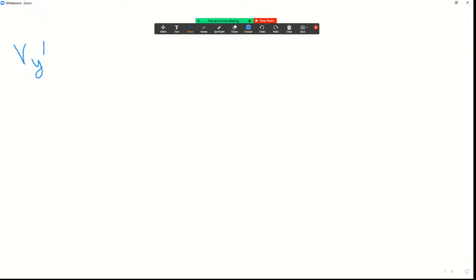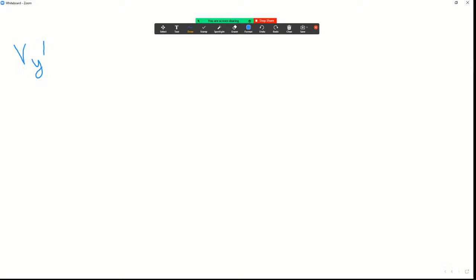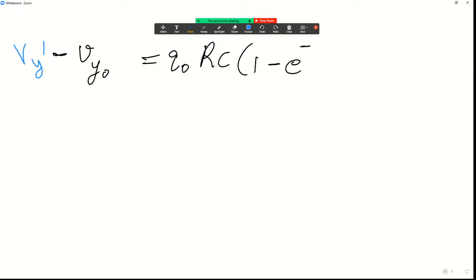I guess the Vy prime comes from these two, right? We have Vy prime minus Vy naught equals Q naught RC times 1 minus e to the power minus t by RC. Okay, so that's the change in velocity.